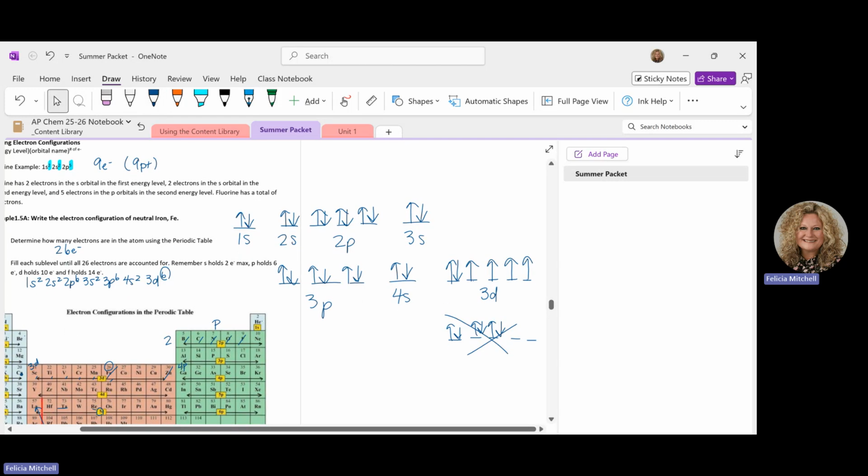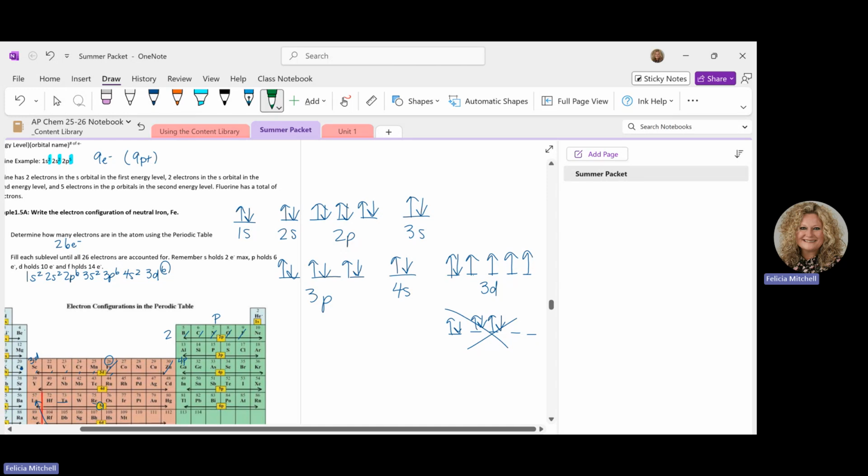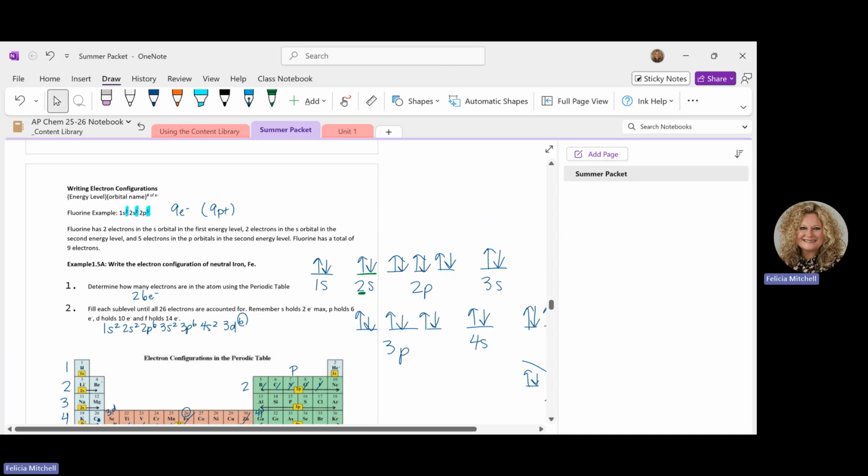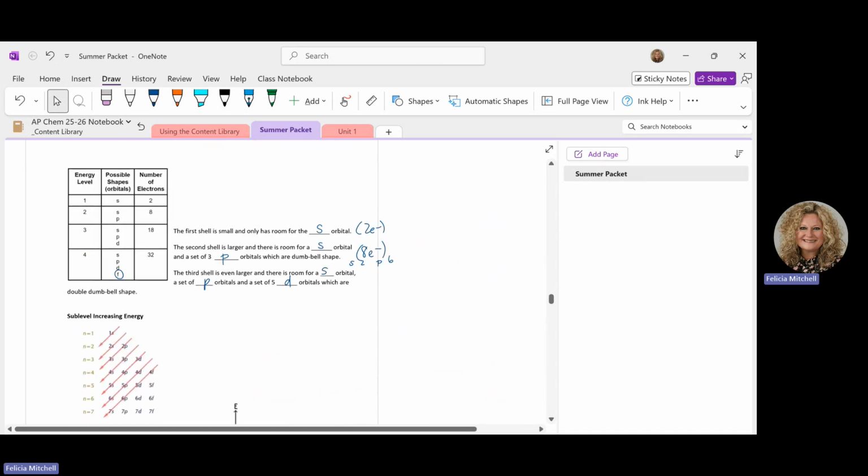Now, let's talk about this again. This is what you would call the energy level. And then these would be the orbitals. Okay, so energy level, this is like the row or the period of the periodic table.